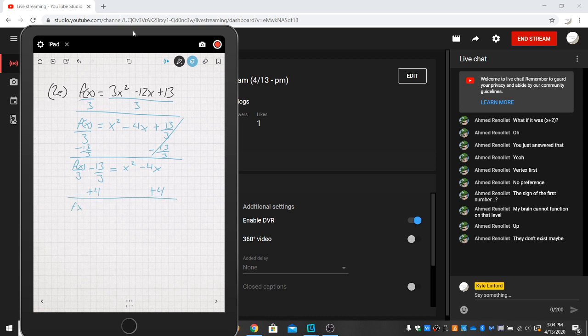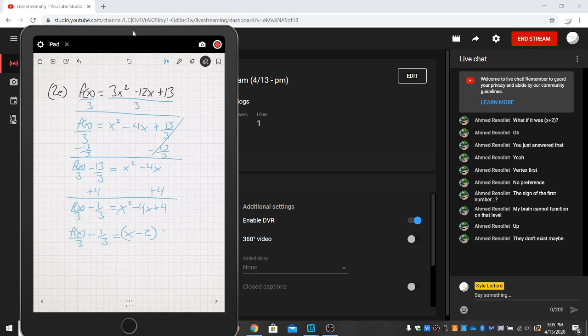All right, let's see. F of x over 3. And then, well, we have negative 13 over 3, and I'm adding positive 4 to that. That should be a negative 1/3, equaling x squared minus 4x plus 4. That's f of x over 3 minus 1/3 equals x minus 2 squared.